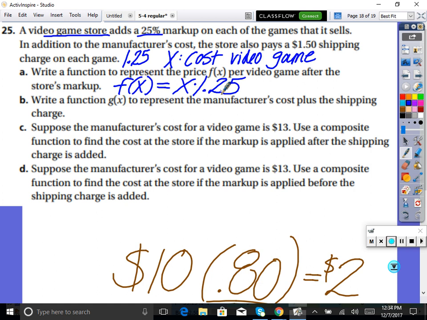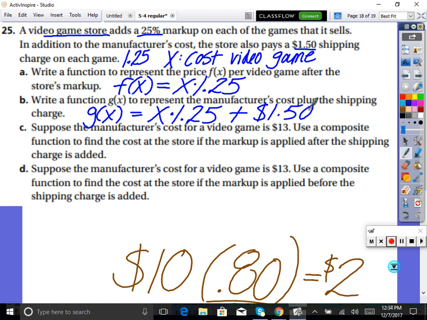Now in part B, it says write a function g of x to represent the manufacturer's cost plus the shipping charge. So what should I do? It says it costs $1.50 for shipping. Same thing. This would be the cost to the person, technically, correct? Plus $1.50 for shipping. Does everybody get it?